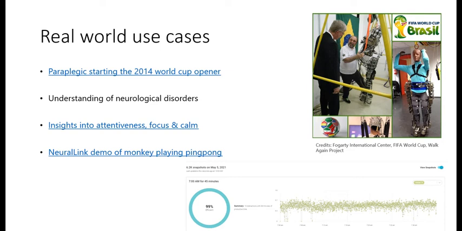Another important area is understanding neurological disorders. With recordings from brain activity, if you have a brain-computer interface in your head, when someone has an epileptic seizure, for example, you can tell what is going on in the brain, what spikes occurred and why.